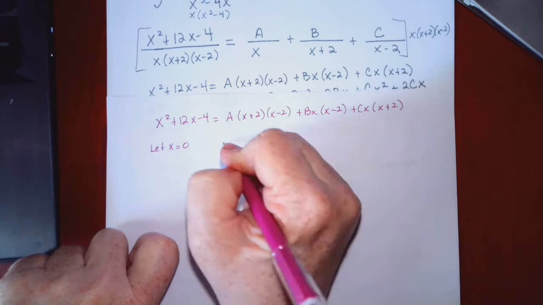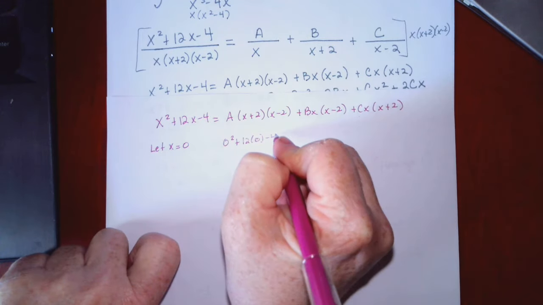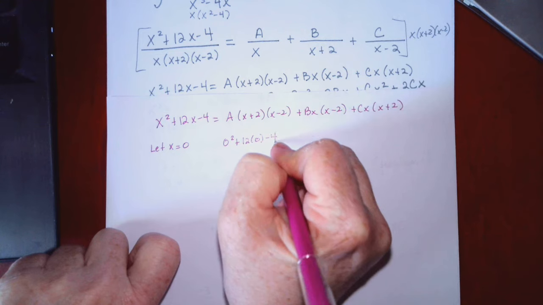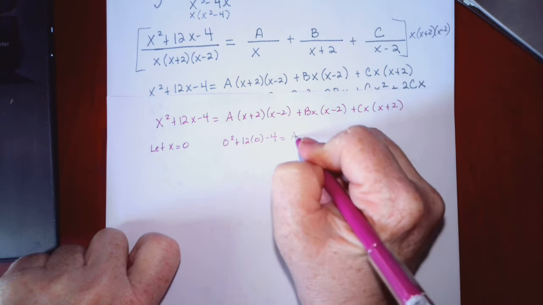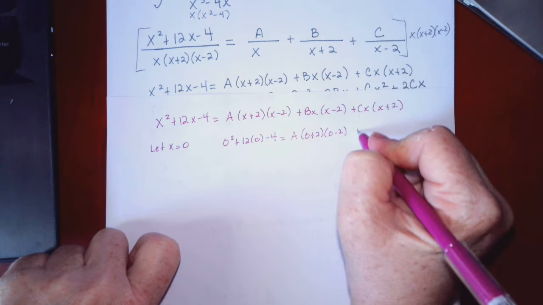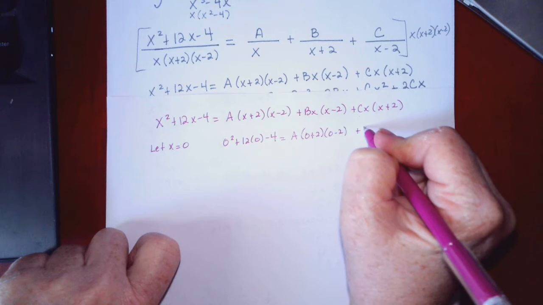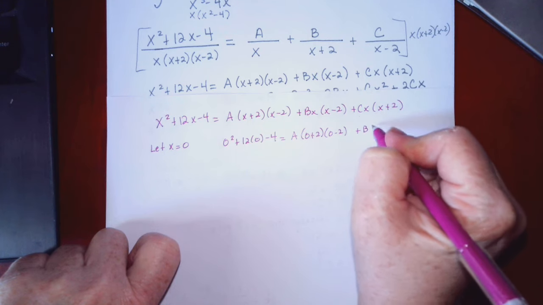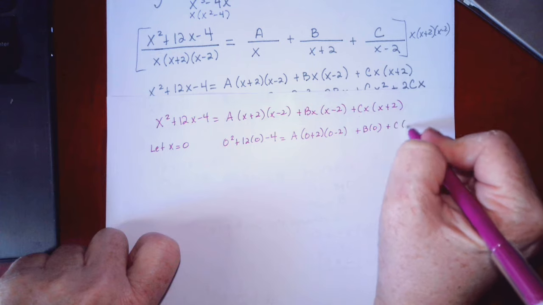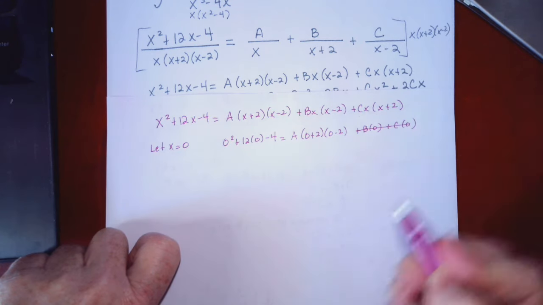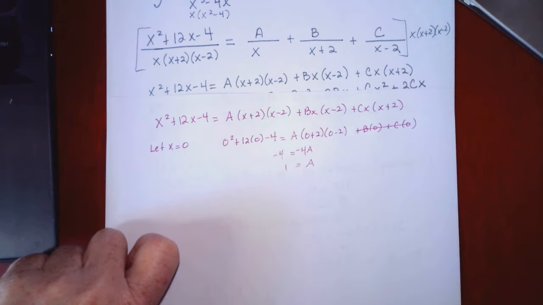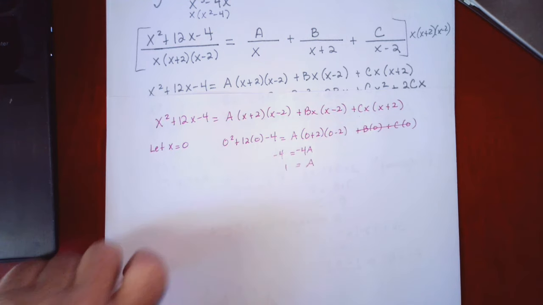I would have 0 squared plus 12 times 0 minus 4 is equal to A times 0 plus 2 times 0 minus 2, and then B times 0, C times 0. So those are gone, and I have negative 4A equals negative 4. So A is 1.